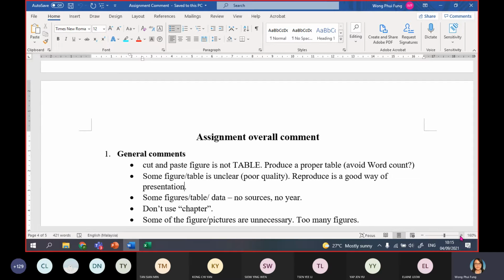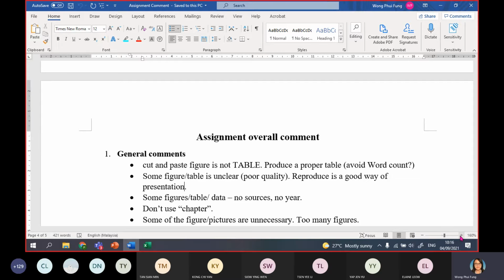That is a good way to reproduce the presentation to highlight the key information only, rather than cut and paste the whole thing, then you just highlight that one only. So sometimes I would say that reproducing will be a good thing to improve the quality.